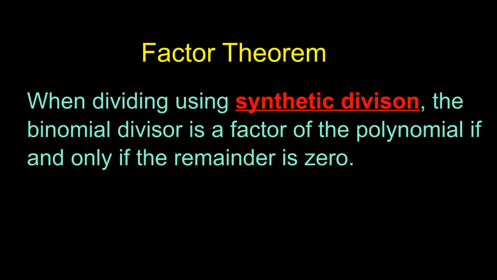Okay, the next one is the factor theorem. When we are dividing, again using our synthetic division, the binomial divisor is a factor of the polynomial if and only if the remainder is 0. That should make sense because anytime you're dividing, if I wanted to take 10 and divide it by 2, well, 2 goes into 10 5 times.